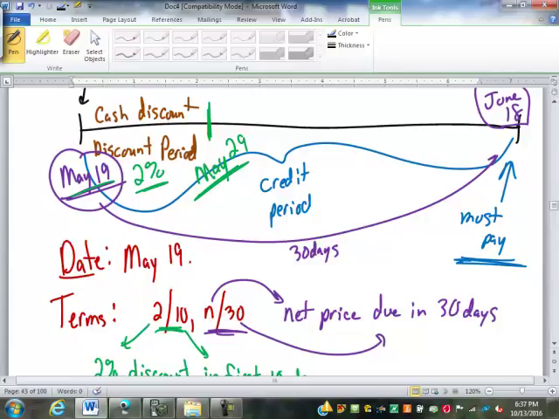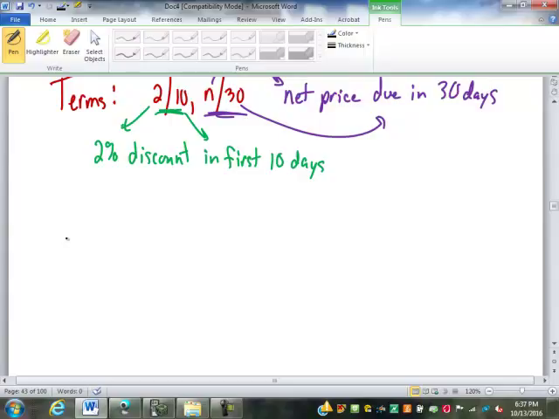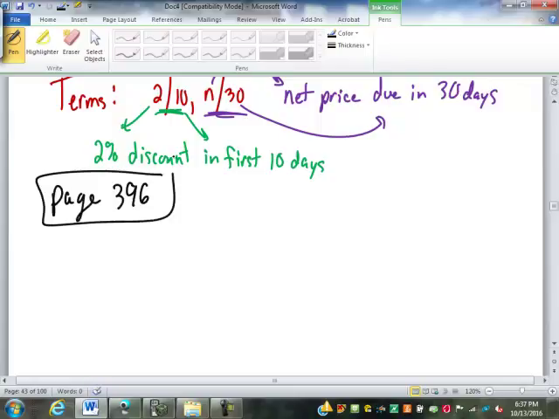Now, if you don't want to sit there and count days in your head, there is a tool in your book. It is on page 396 if you have the current edition. This is just a table of all the days of the year. It has January listed in the first column, first, second, third.